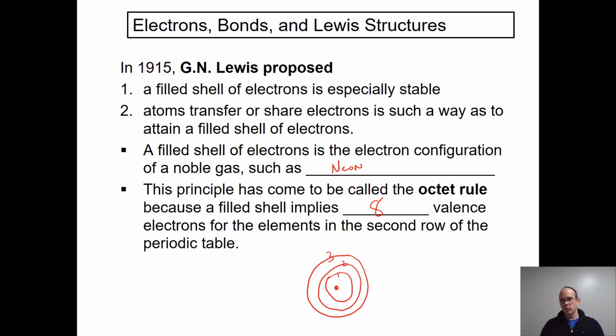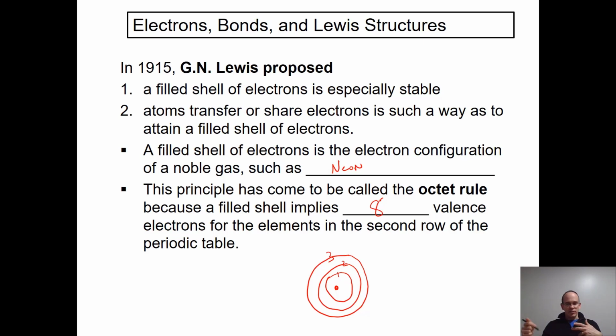So as you look at your first 3 rows of the periodic table, if we ignore the first row, the next 2 rows each have 8 elements in them, and that's because it takes 8 electrons to fill the second shell and the third shell. We'll talk about the third shell later, but it takes 8 electrons to fill that second shell.